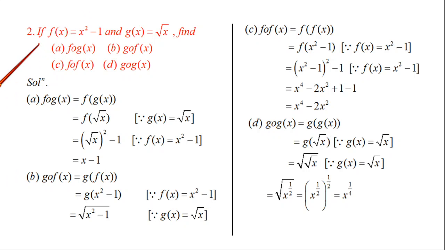Now the last example. Here we have got two functions, f and g. f is defined as f of x equal to x square minus 1, and g is defined as g of x is square root of x.